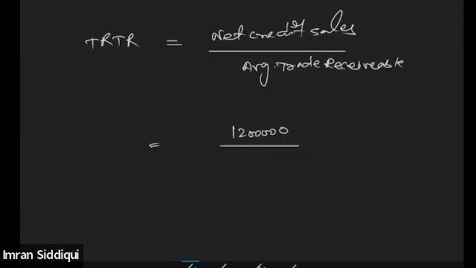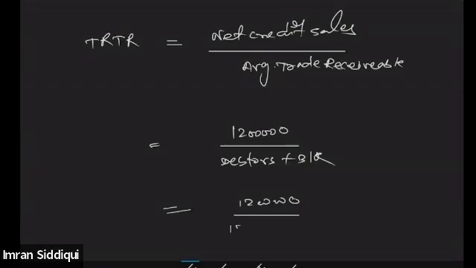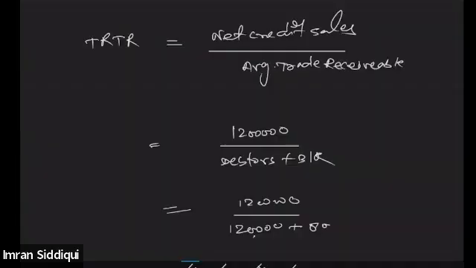So that means by adding the debtors and bills receivable, we'll get the answer. 12 lakh, plus debtors are, I guess, 1,20,000, and the bills receivable is also given in the question as 80,000.